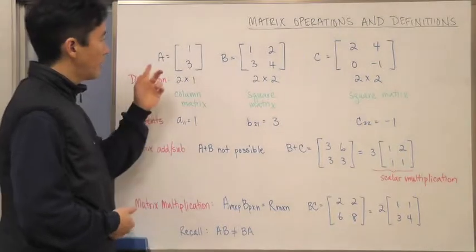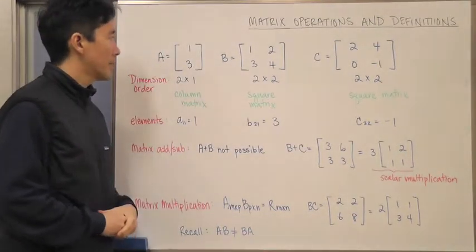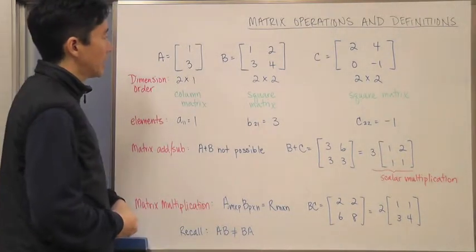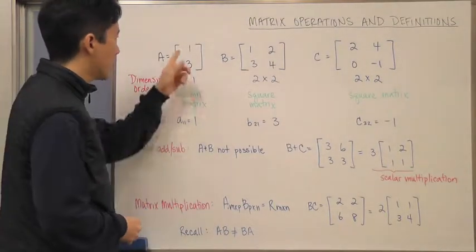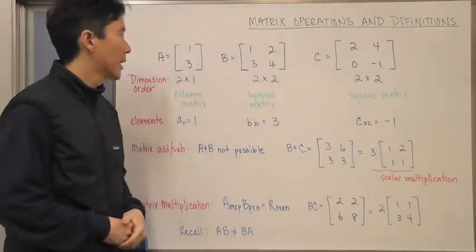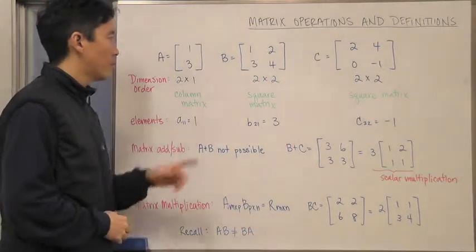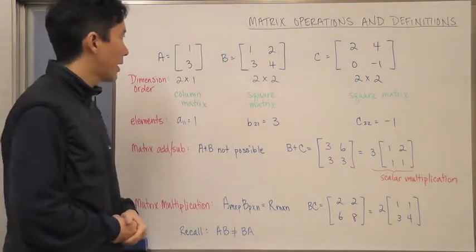So notice that we have matrix A, B, and C. Notice that the matrix is denoted by a bold capital letter. In addition to that, you can either use brackets or parentheses to contain the numbers which make up the matrix. And notice that we have the dimension or the order, and remember this is the number of rows by the number of columns that you have.